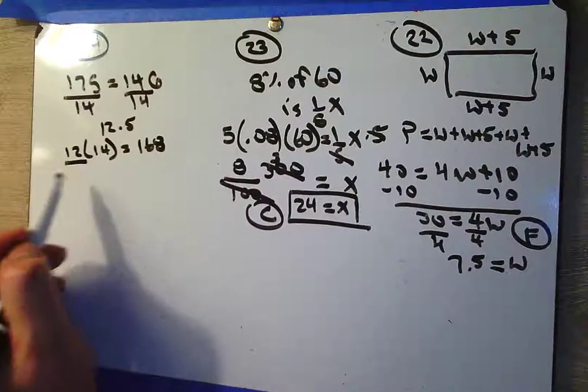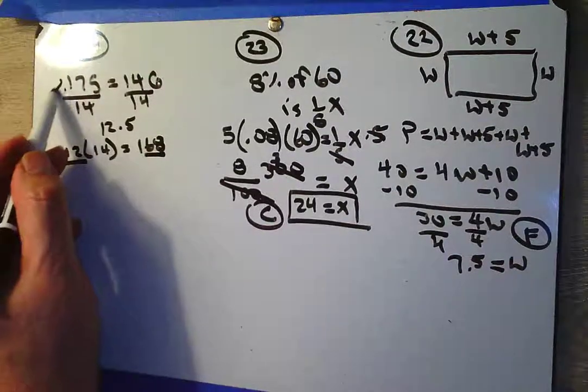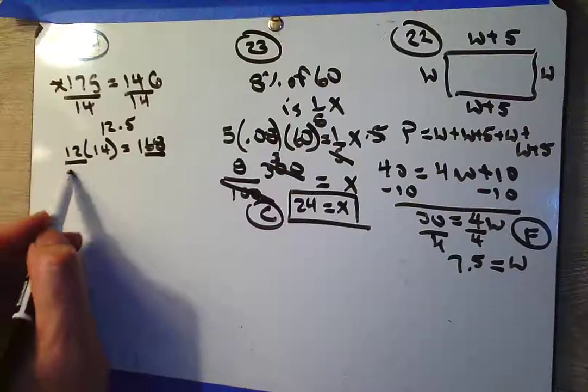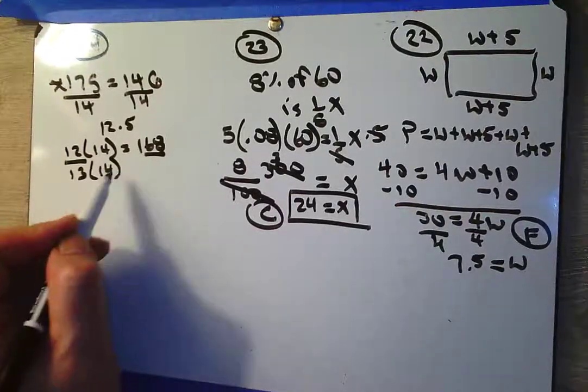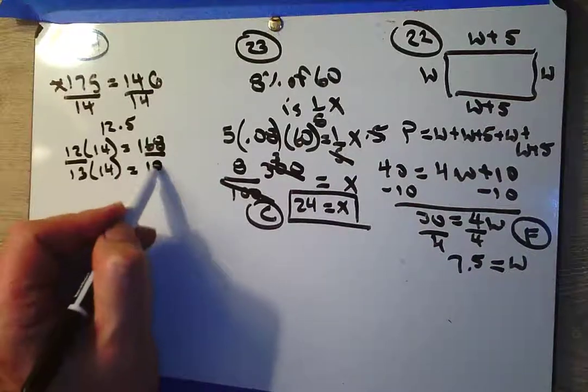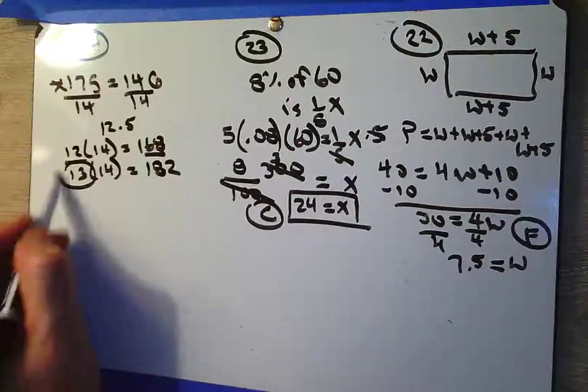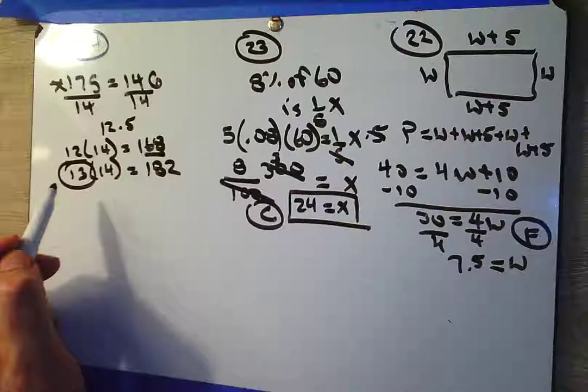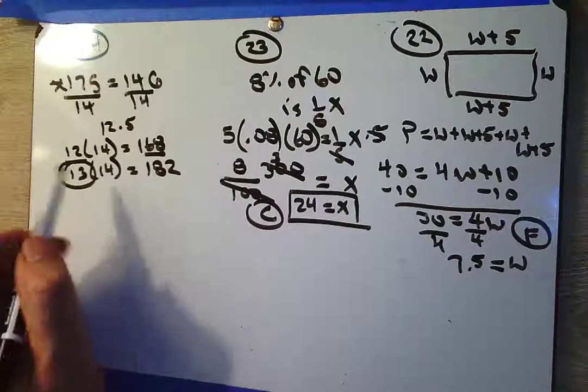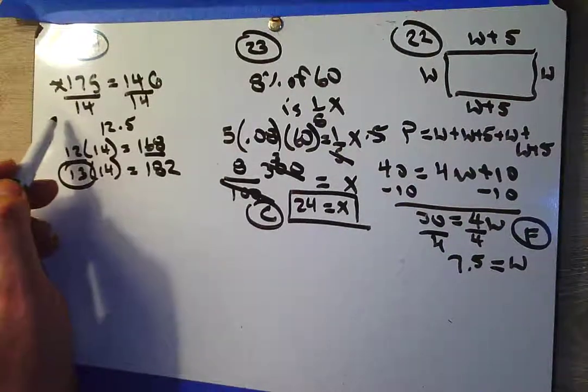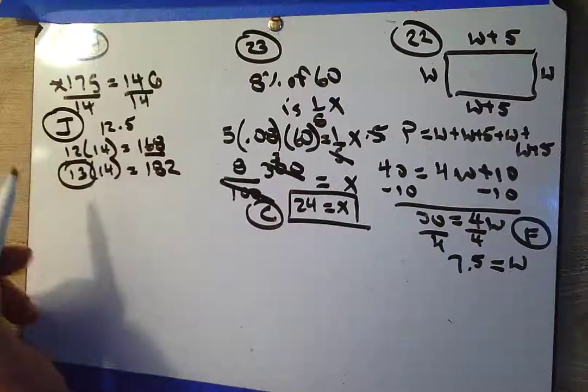So that's not enough games to overcome the cost of the season ticket. But if he goes to 13 games at $14 a game, that's going to be $182. So as long as he goes to at least 13 games in the season, it will be cheaper to buy the season pass, and that's why J is the answer to number 24.